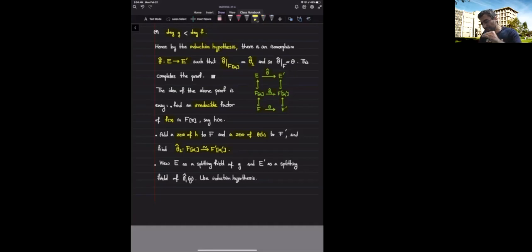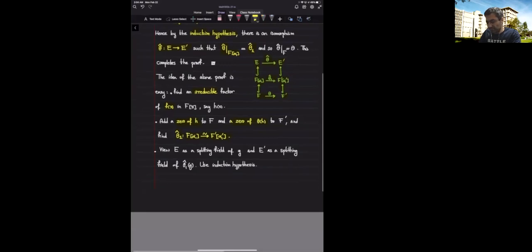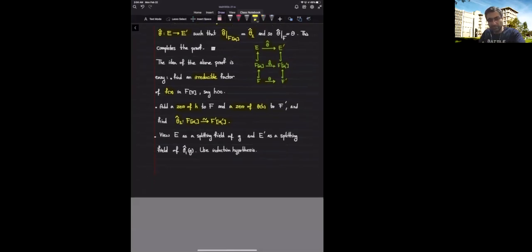Now we take this isomorphism as an intermediate isomorphism, and we view E as a splitting field of a smaller degree polynomial, and then we can use the induction hypothesis and go through this diagram and finish the proof by induction.